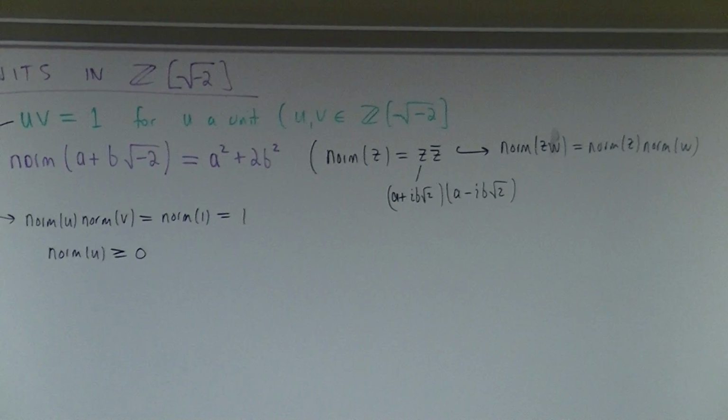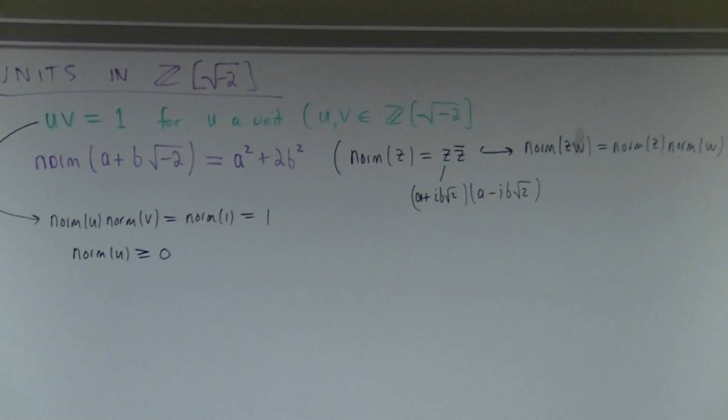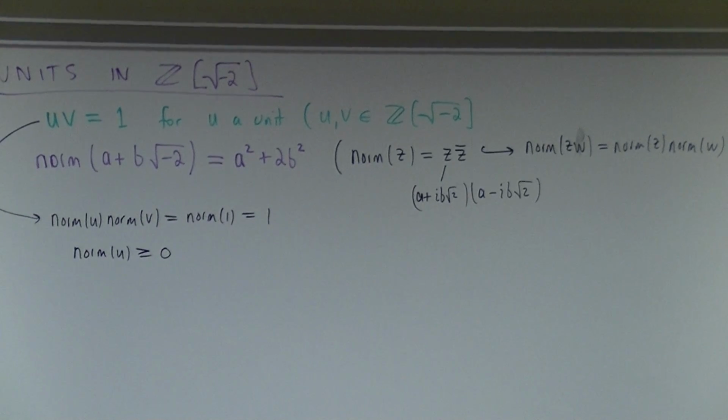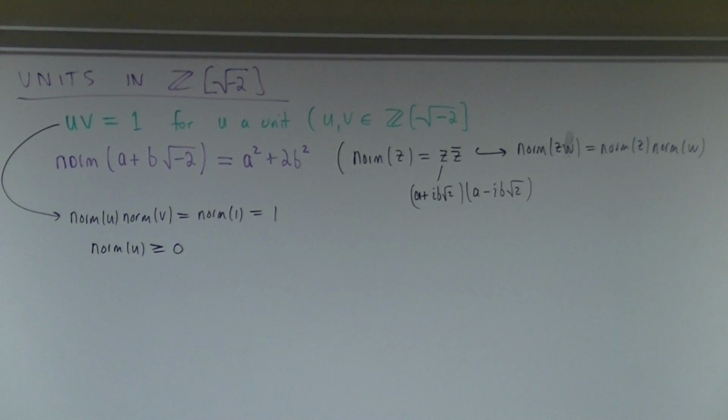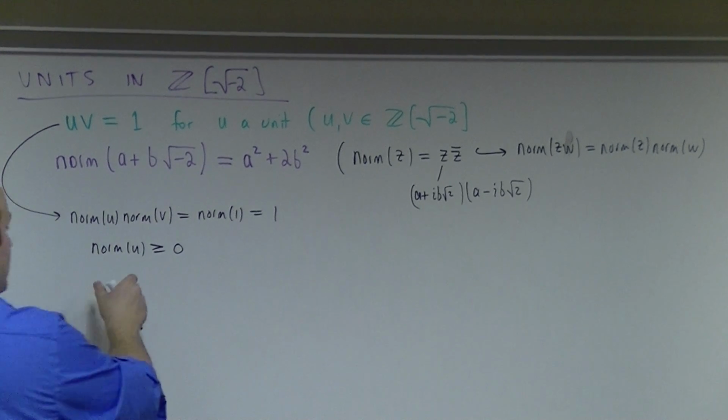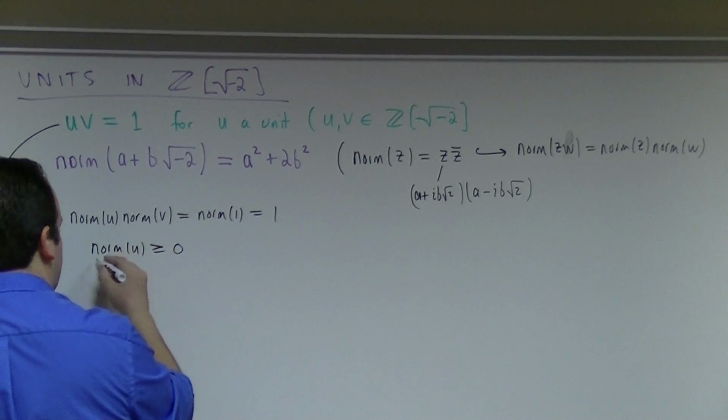But when push comes to shove, when I'm actually talking about number theory as opposed to just establishing a basic fact, the reason we use the square of that is because the square is itself an integer. So I would say it's the modulus squared in terms of ordinary complex variables. And so the norm of u is an integer, right?